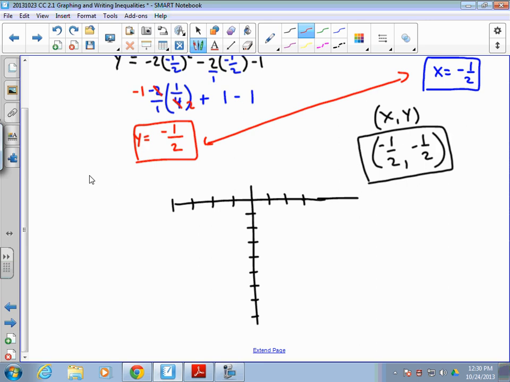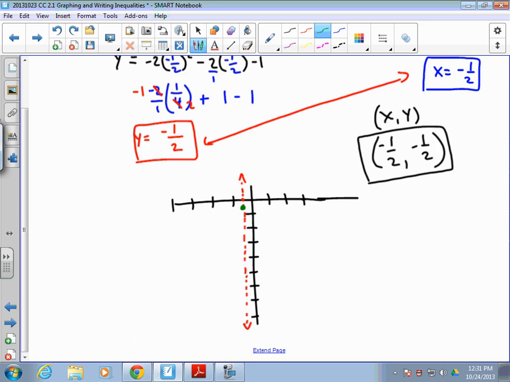X's value is negative 1/2, so that is here. So your axis of symmetry runs at negative 1/2, and your vertex we found is negative 1/2, negative 1/2. So go to negative 1/2, and then go down on y to negative 1/2. That's going to be the top of our parabola.